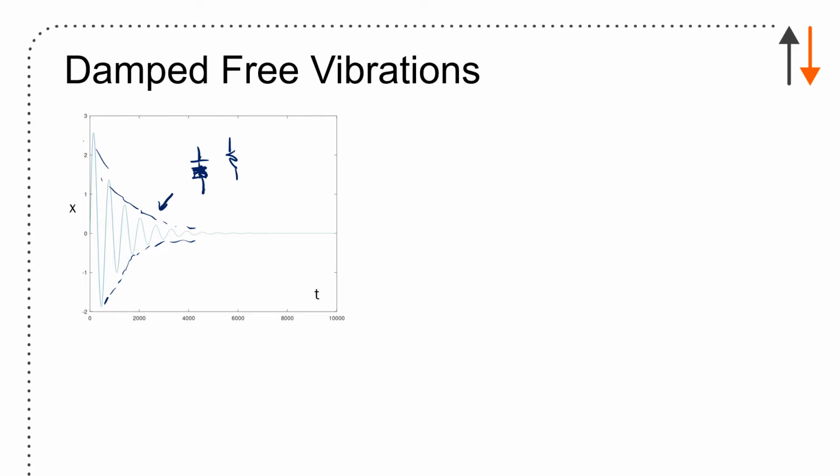The oscillations come from the spring. The damping, or the reduction in amplitude of the displacement, where x is the displacement and t is time, is occurring because of the damper. So you have an envelope that defines the motion of this spring-mass system, and you need to know where everything is going.